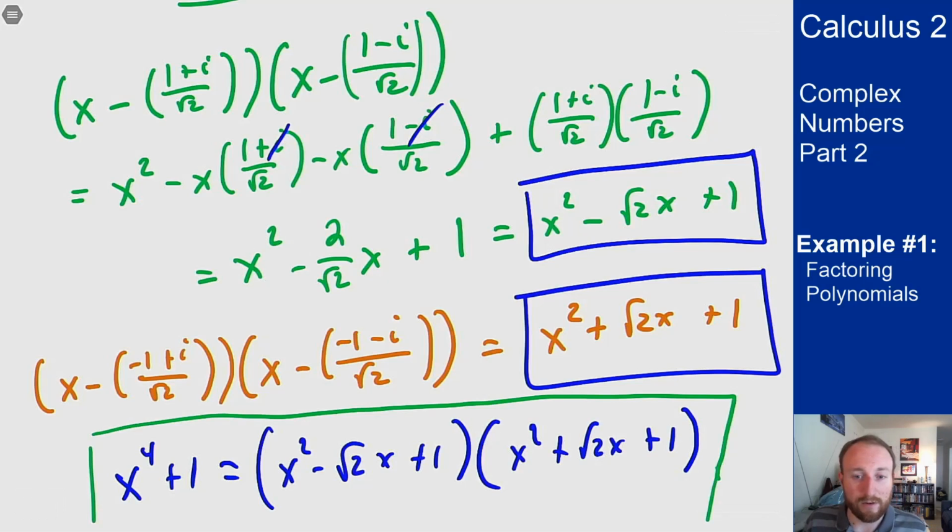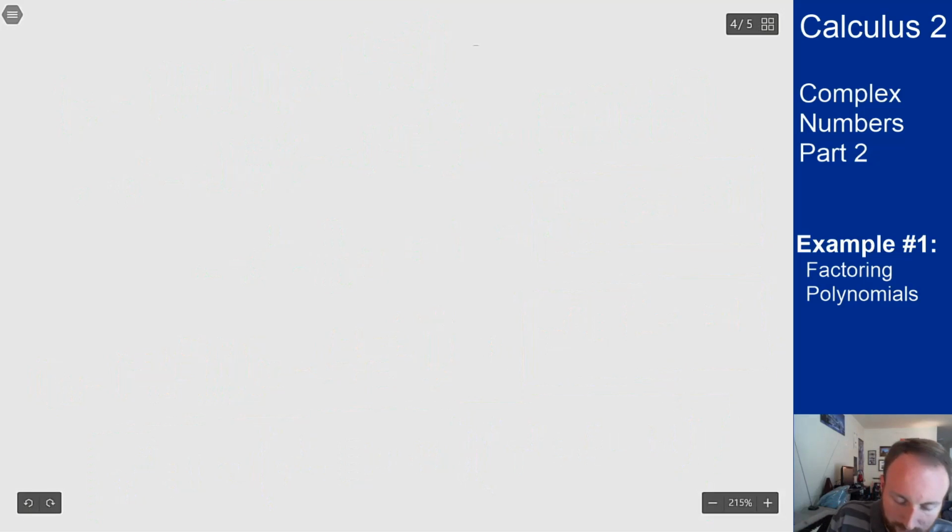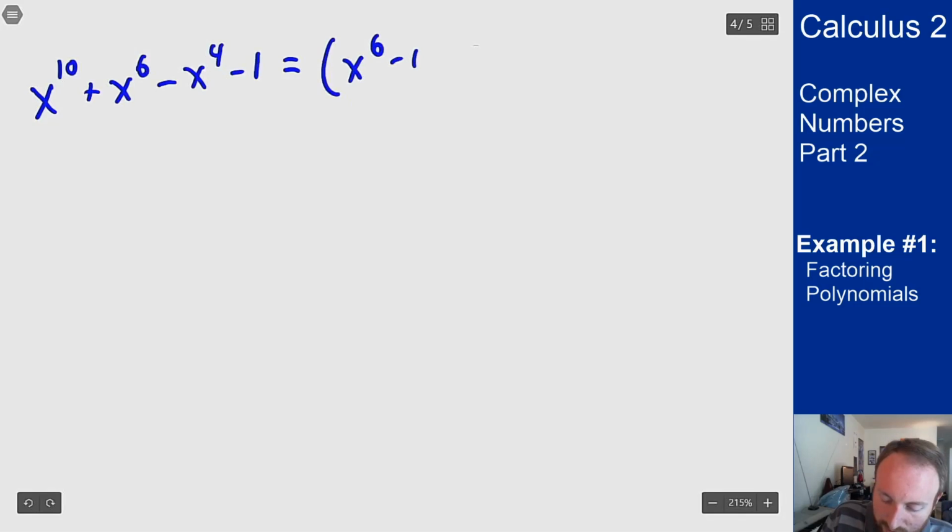So then with everything sorted out, I can now write out the final answer here. So we have x to the 10th plus x to the 6th minus x to the 4th minus 1. We saw it factors as x to the 6th minus 1 times x to the 4th plus 1.